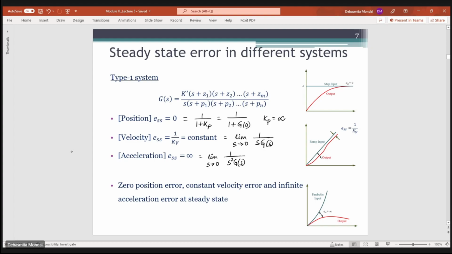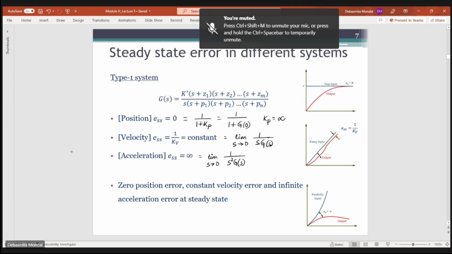In case of a ramp input, the output follows the ramp input with a constant error which is maintained at 1 by Kv. And for parabolic input, similarly, the output diverges away, and the steady state error will be equal to infinite.